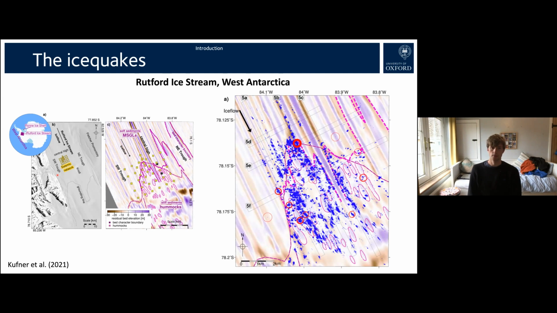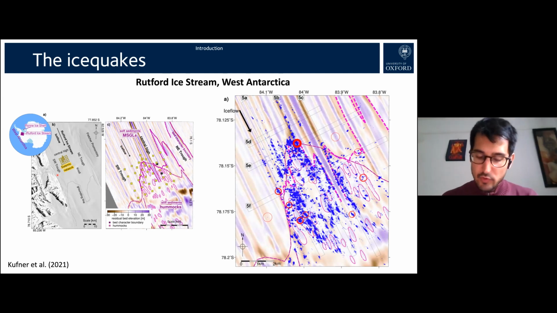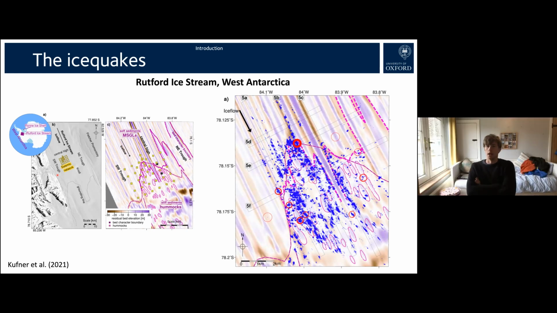Yeah, great question. And would you expect ice quakes to also occur over hard beds, where till deformation might not be the predominating mechanism? Yeah, certainly. We think we observe ice quakes on bedrock, ice-bedrock interaction, in glaciers in, say, the Alps.